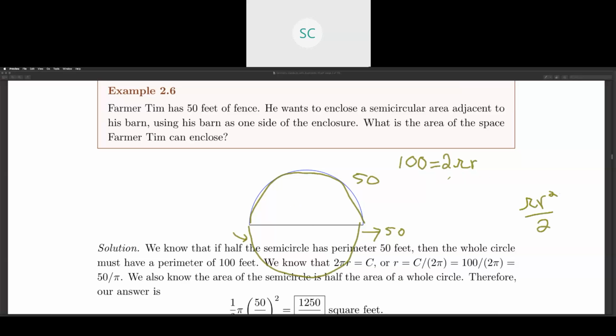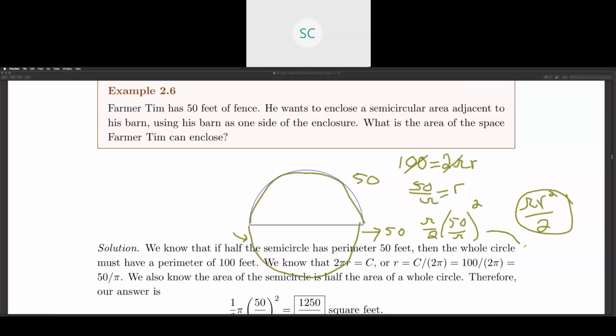And then from here, I think it's pretty clear what we should do. If you just divide both sides by 2 pi, you're given that 50 over pi is equal to r. And now I can just plug it into our other equation right here. We're trying to find the area, and this is just pi over 2 times 50 over pi, whole squared.